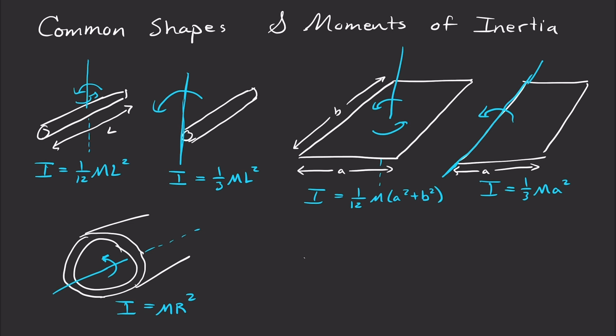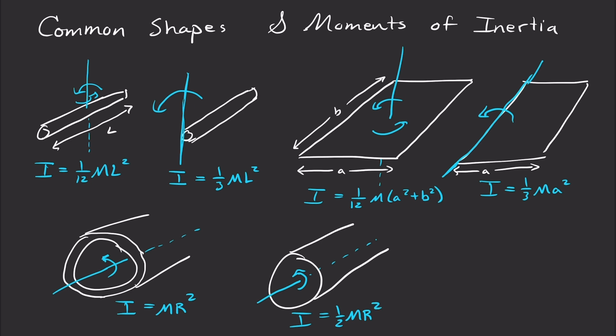If we were to take a solid rod or solid cylinder, sometimes called a solid disc, depending on how thick or tall it is, and rotate it the same way, then the moment of inertia would be 1/2 m r squared.